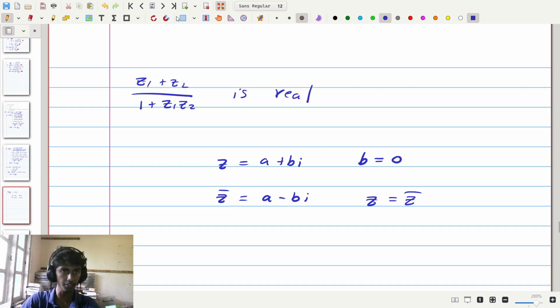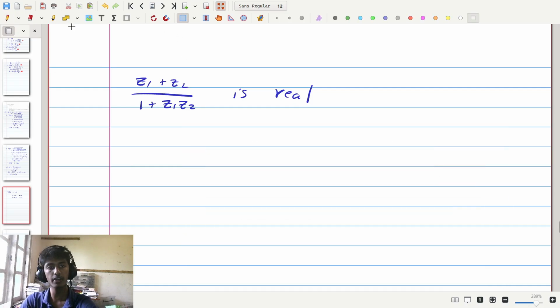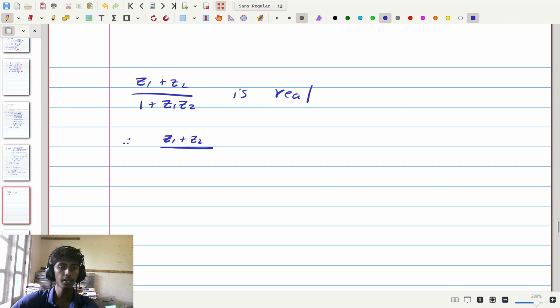So according to this, if the expression that we're given here is real, then we must have that z1 plus z2 divided by 1 plus z1 z2 is equal to its own conjugate, the conjugate of z1 plus z2 divided by 1 plus z1 z2.